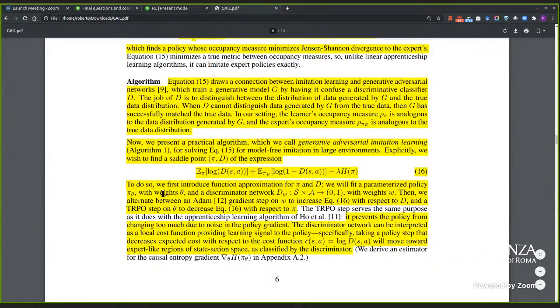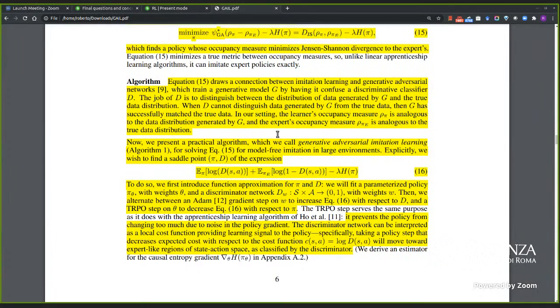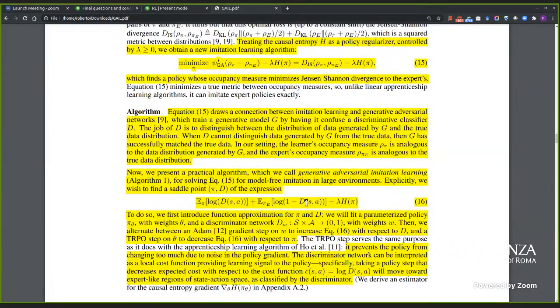And again, this is what you have typically in a GAN, where D has to try to distinguish between the data generated by the generator and the true data, and G has to try instead to match the true data as much as possible in such a way as to make the discriminator confused.